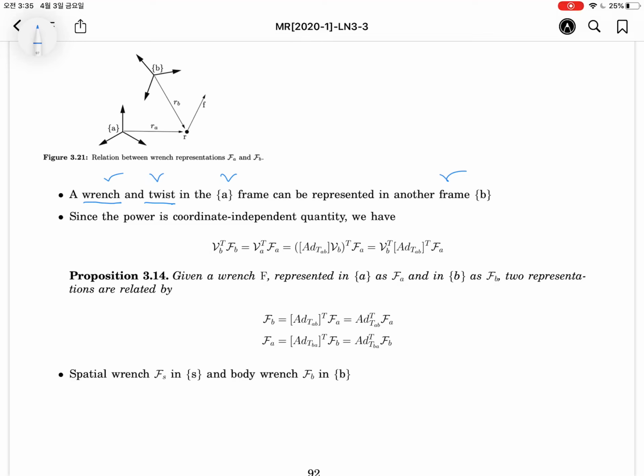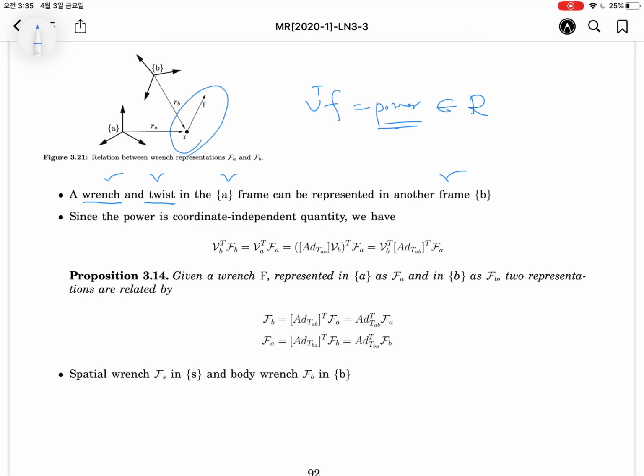But the power, V cross F, implies the power. In the vector notation, V transpose F, because the power is a scalar variable belonging to just R space. The power is independent of the coordinate.